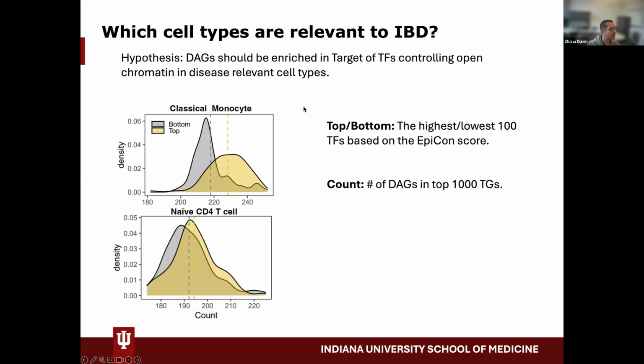Many disease-associated genes, like GWAS genes, should be enriched in the target genes of important controlling transcription factors. For different cell types, those are different. For example, in monocytes, the important transcription factors are regulating more GWAS genes.